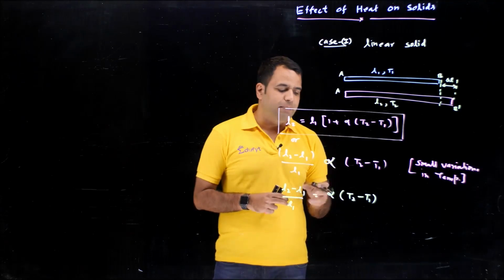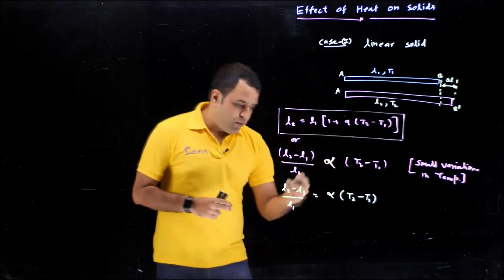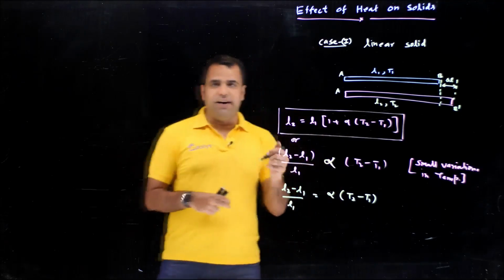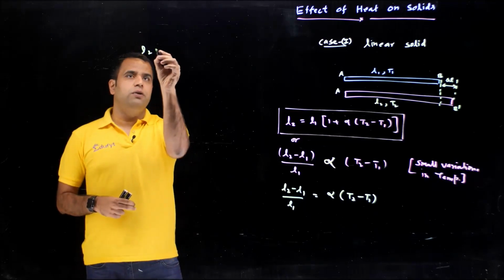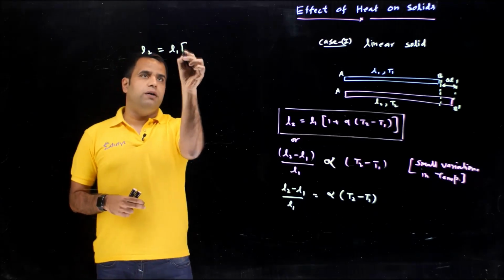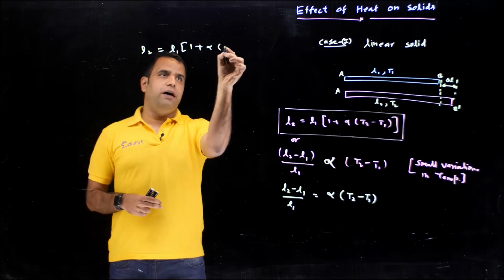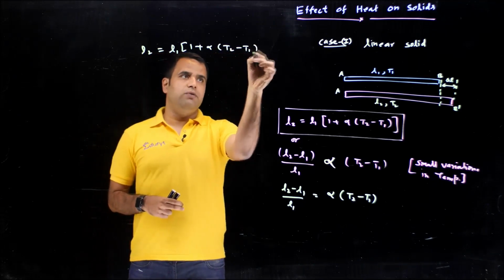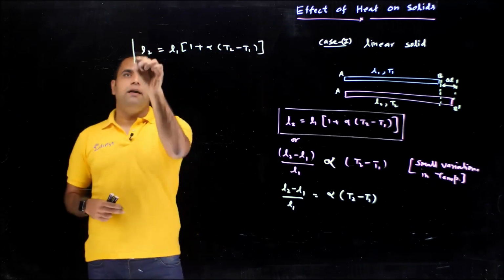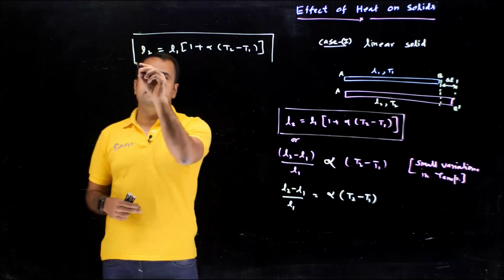What kind of material we are using, it depends upon that. If you rearrange this equation, it will convert itself into L2 = L1(1 + alpha(T2 - T1)). That becomes your final formula, which is valid for small changes in temperature.